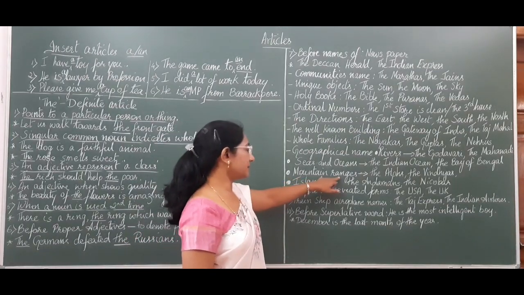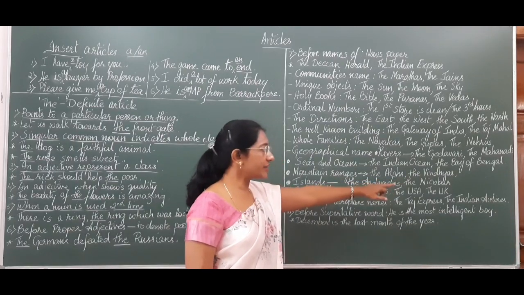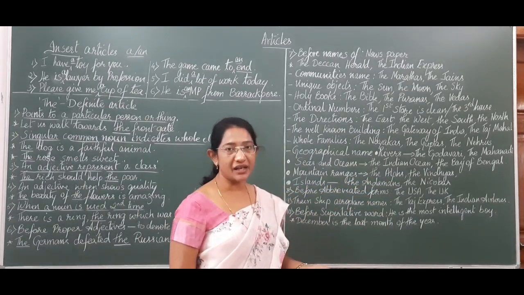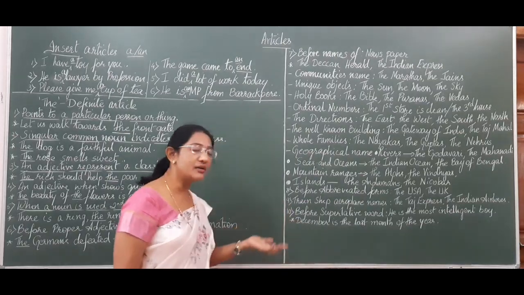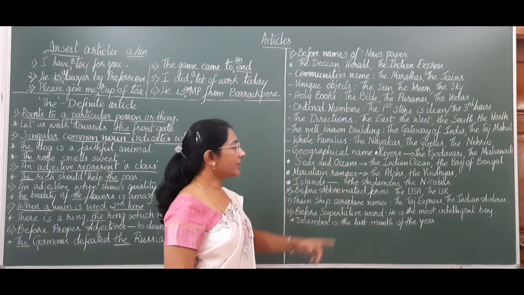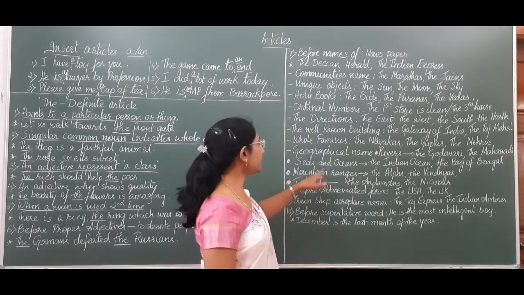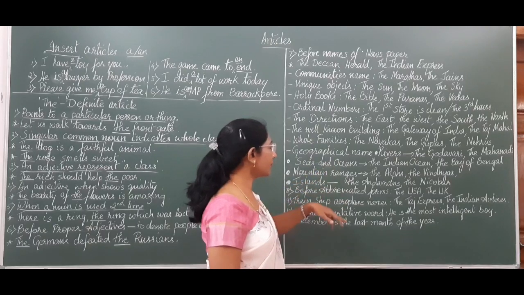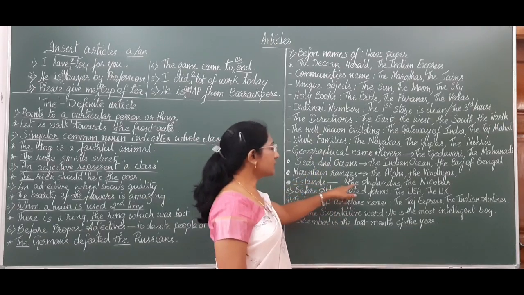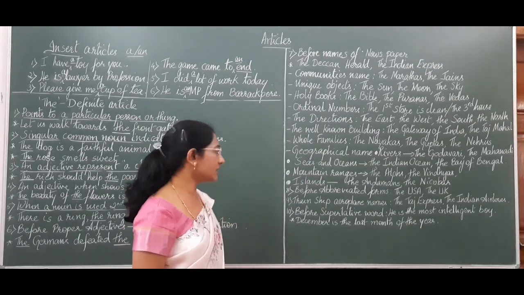Mountain ranges, the Alps, the Vindhyas, the Himalayas, the Mount Everest, all the mountain ranges also take the definite article the. Islands, which again come under the geographical category, also take the definite article the.